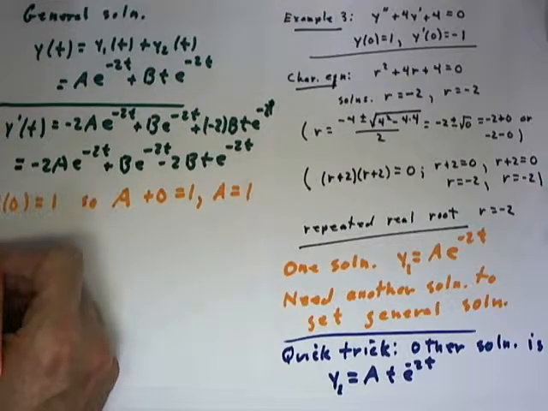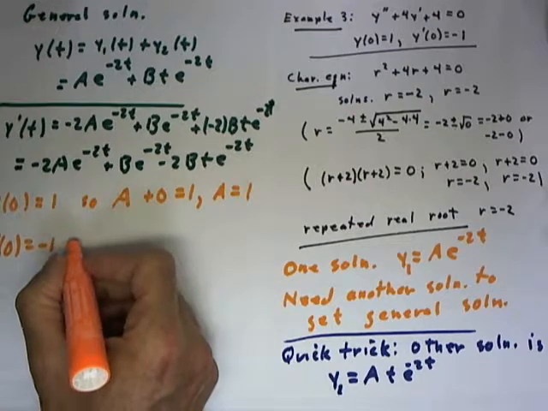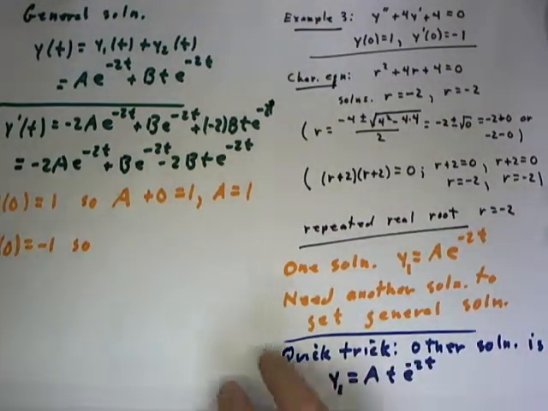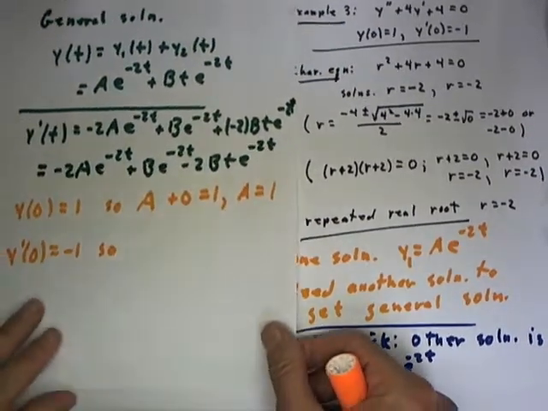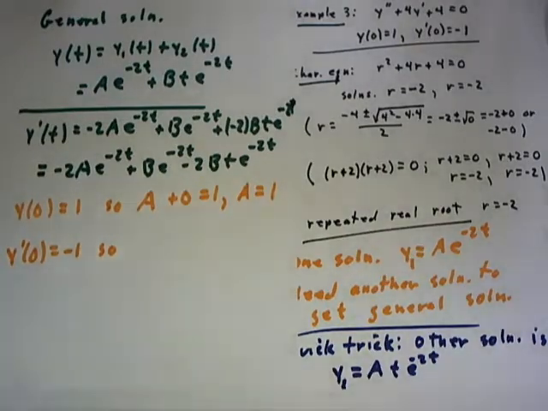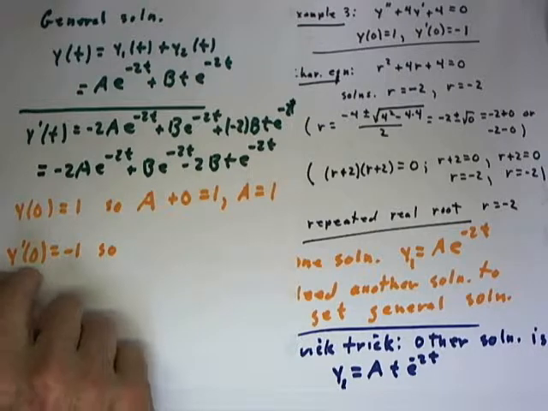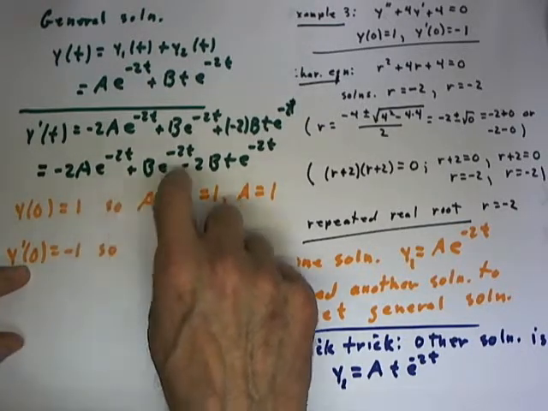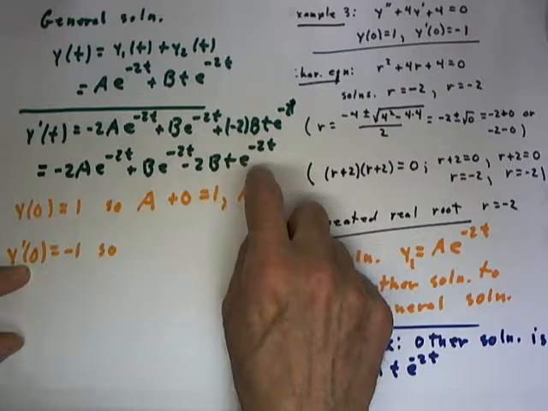Now let's see. Y prime of 0 needs to be negative 1. So what do we get for y prime of 0? Again, I'm not going to go through every detail of the substitution. It's a very straightforward substitution. We put in 0 for t. All the e to the negative 2t's are going to be 1.